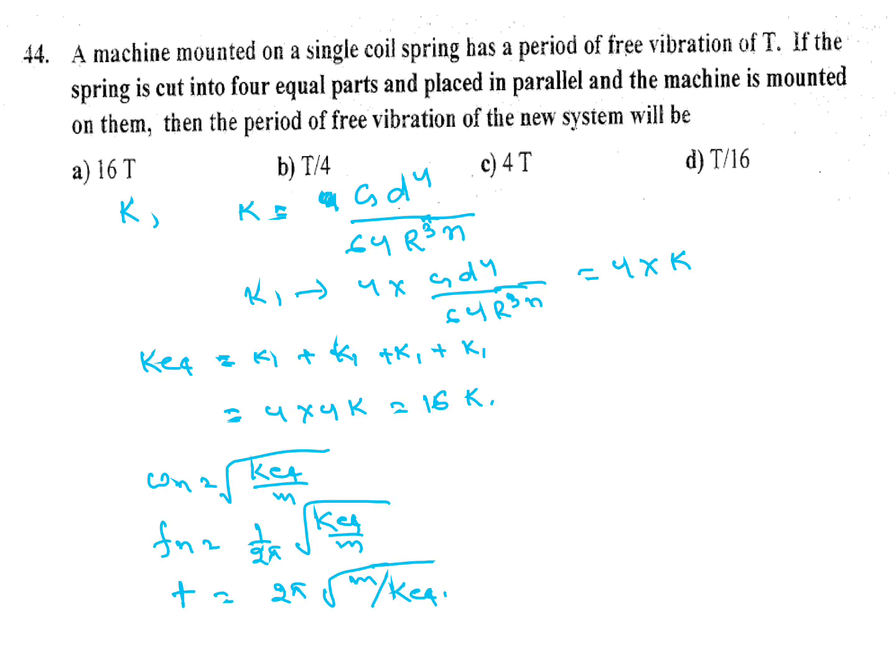Initially capital T is our time period, 2 pi root over M by K.